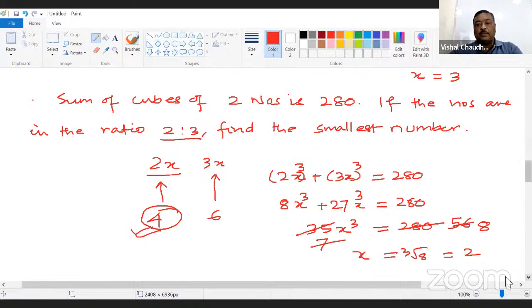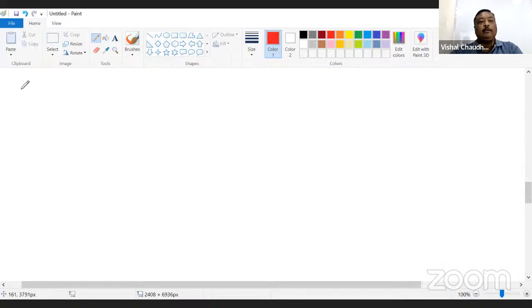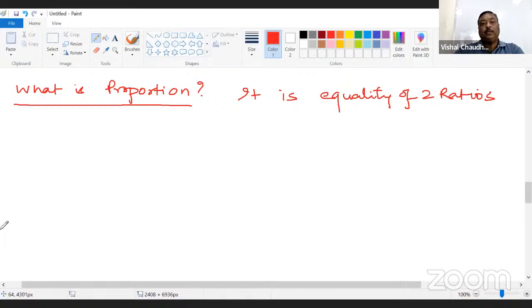Now comes, what is proportion? Proportion is the equality of two ratios.